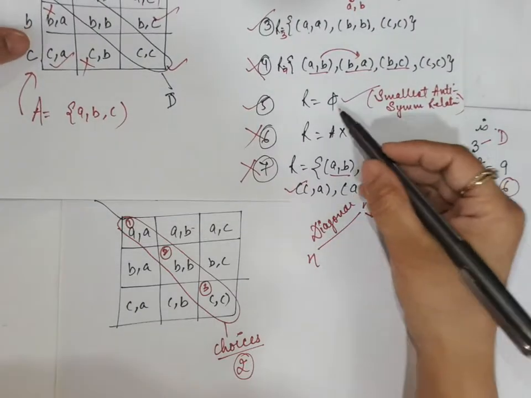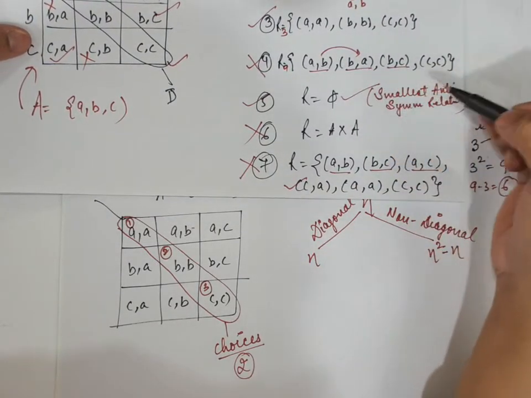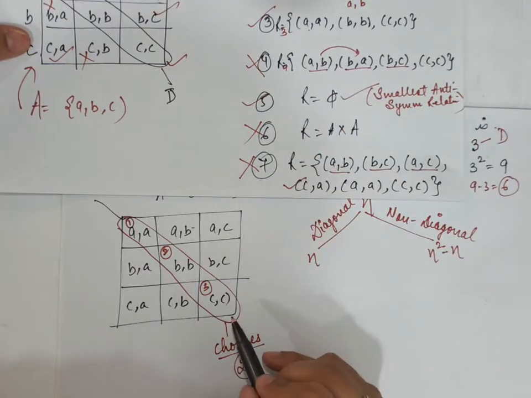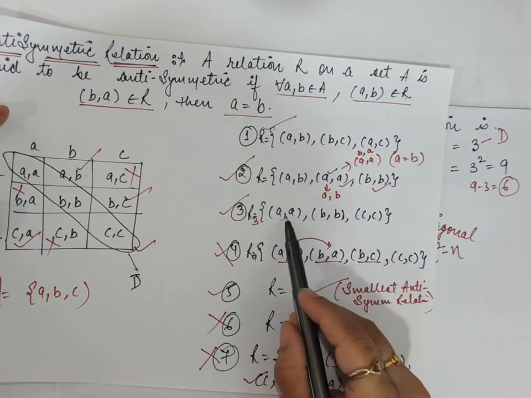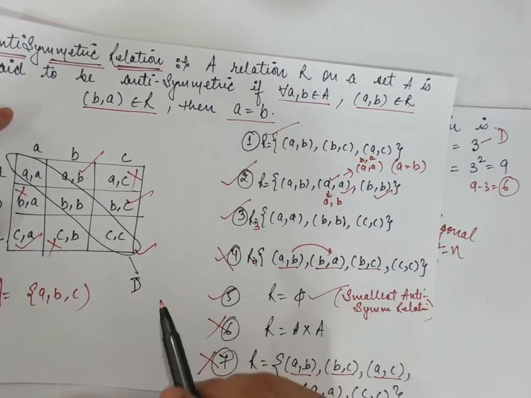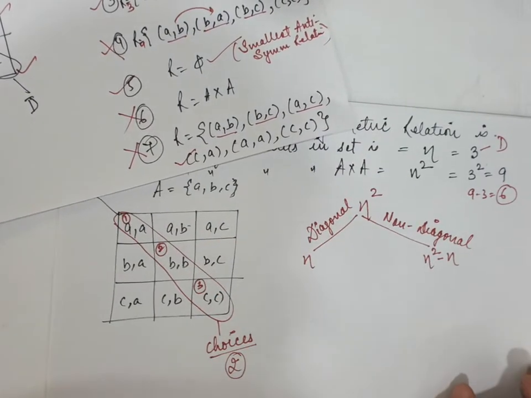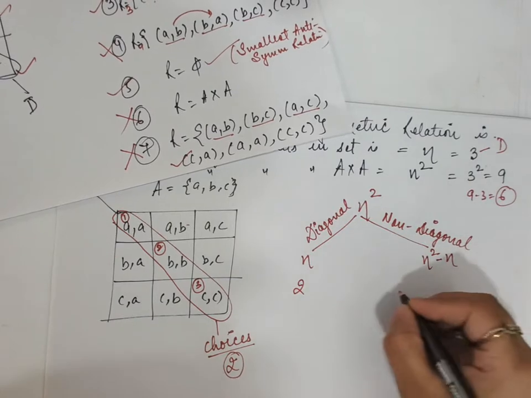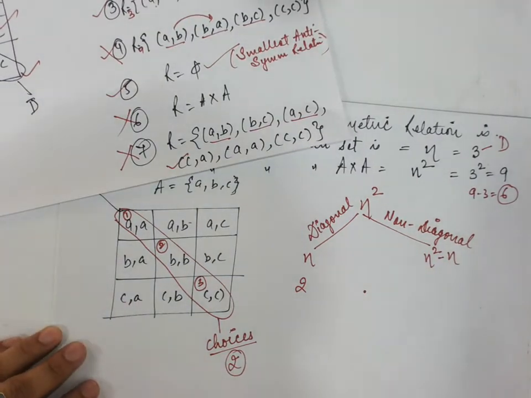Also R3 has the diagonal elements, and R3 is also an antisymmetric relation. Therefore diagonal pairs have two choices. Now check the non-diagonal pairs.